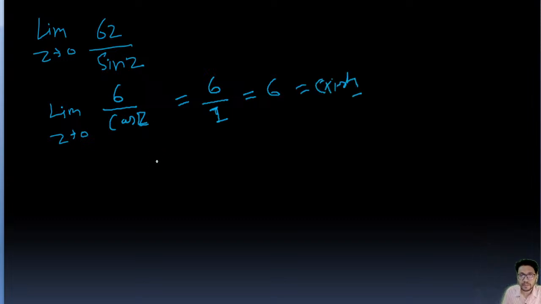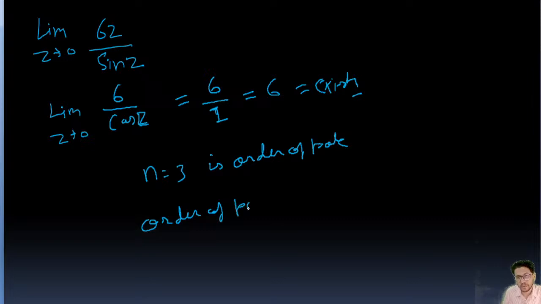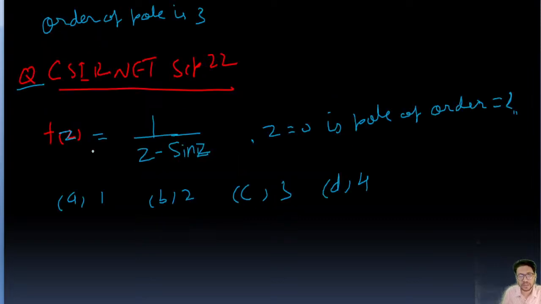So n equal to 3 is the order of pole. So the order of pole at z is 3. Which option is matching, guys? Very good question. C.